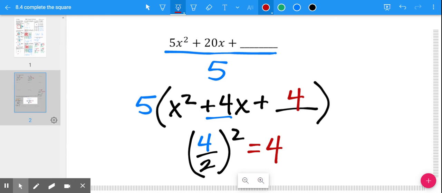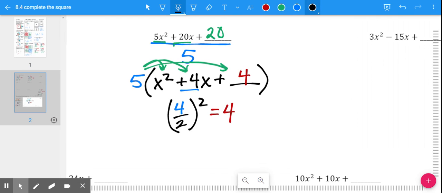So in order to figure out what that other value is, 5 times x is 5x squared. 5 times 4x is 20x. 5 times 4 is 20. And if you wanted to write this in your binomial, you would have 5 times x plus 4 divided by 2 is 2 squared.